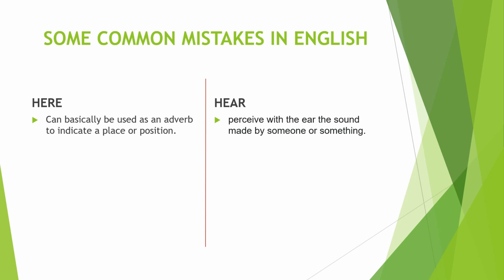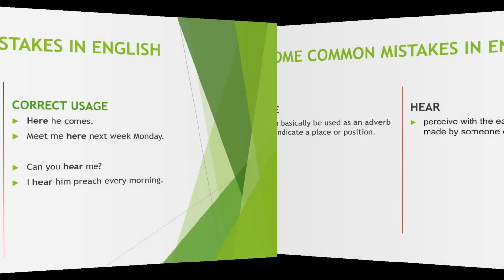As I am speaking, you are perceiving with your ear the sound I am making because I am speaking. That is hear, H-E-A-R. Let's see how to use these words, when to use each of these words.